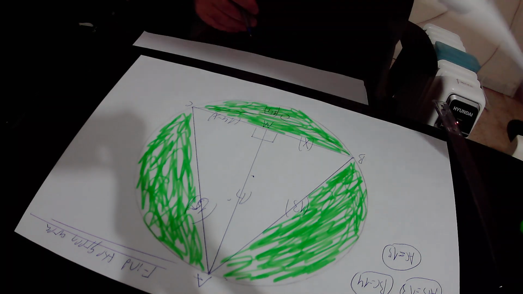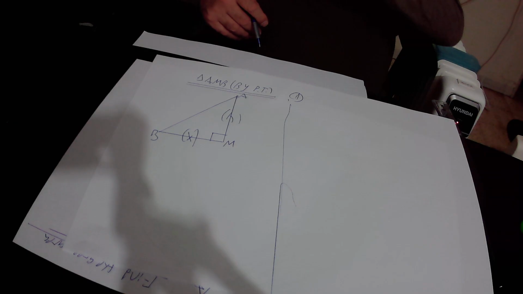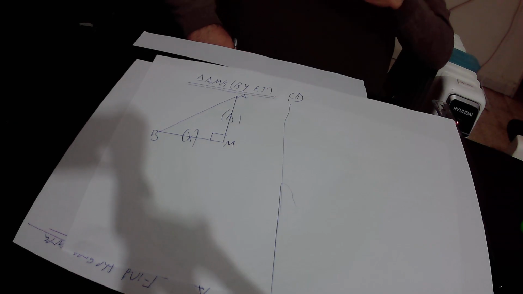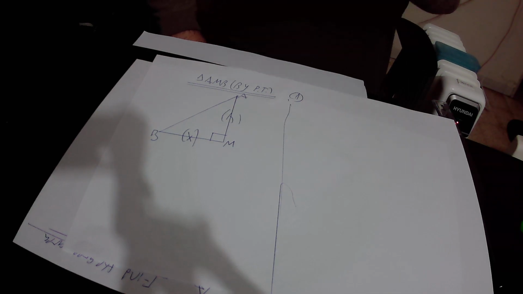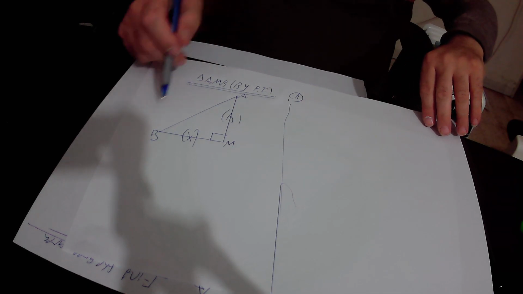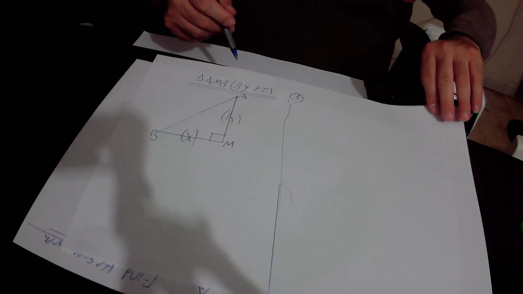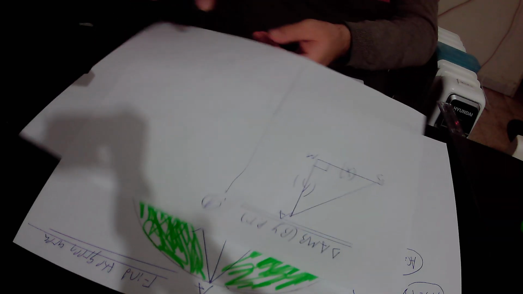So actually, this is the right triangle AMB that I copied from the original drawing. AM equals H and BM equals X according to our definition. The hypotenuse AB of this triangle equals 13 units according to what is given in the question.